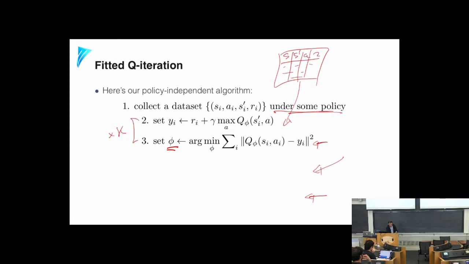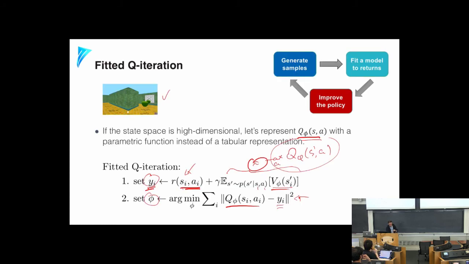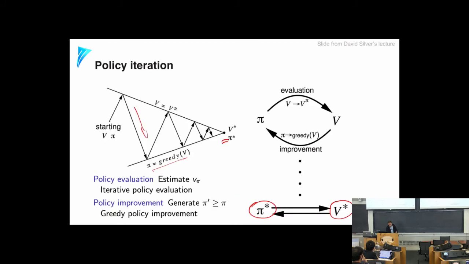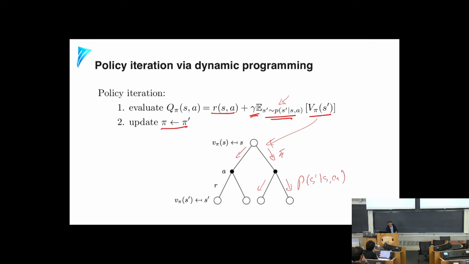So let's go back. In the fitted Q iteration, it's no longer dynamic programming. But when we are in this tabular setting, right, when we are estimating the Q, or the V in this case, and we have access to our environment.